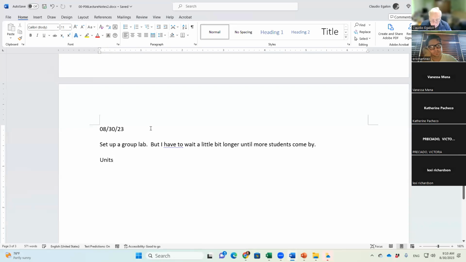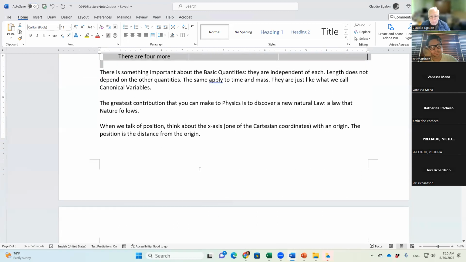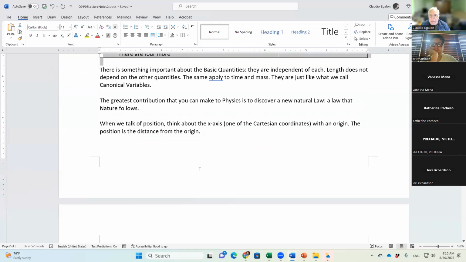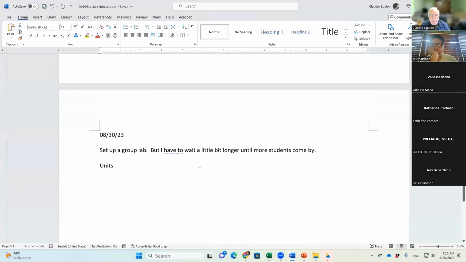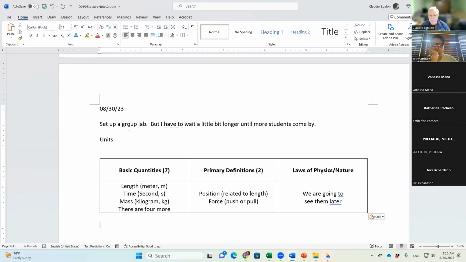So let's talk about units, right? Let's go back to what we have here. Every quantity and definition in physics has units.